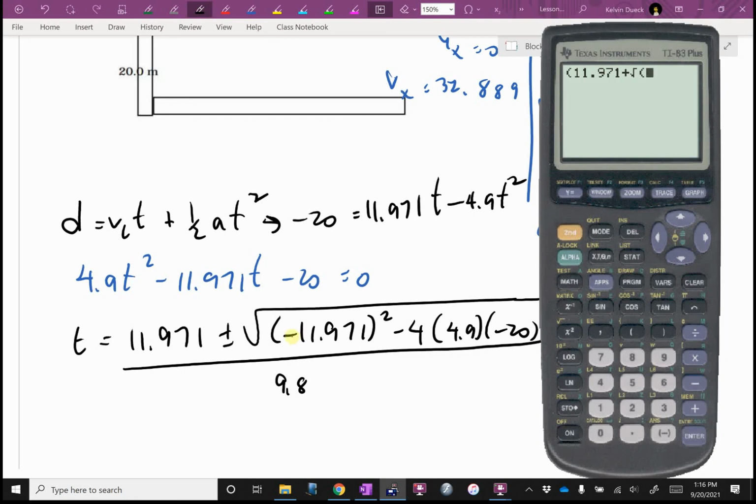I'm going to ignore the negative. I wrote it, but I'm not going to enter that negative because I know it's going to vanish when I square it anyways. So I'm just going to type positive 11.971 squared. And then I'm going to go minus 4 times 4.9 times button negative 20.